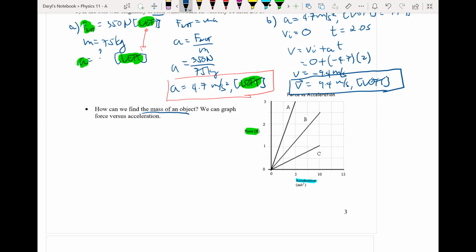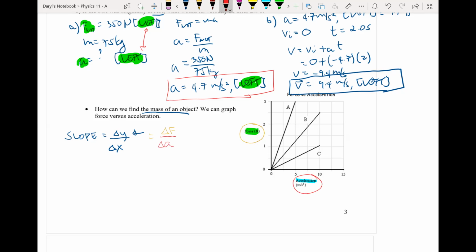Well, if we examine that, it is just a straight line, and the slope of a straight line is delta y over delta x. In this case, y is force, so that is the delta of F, and the acceleration is your delta x, so this is delta A.